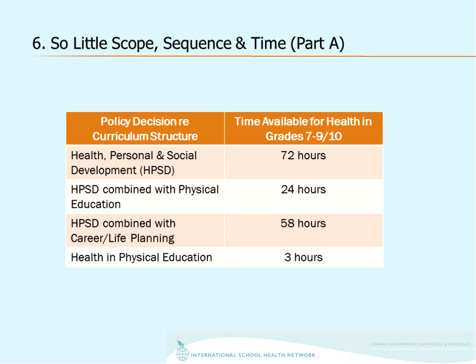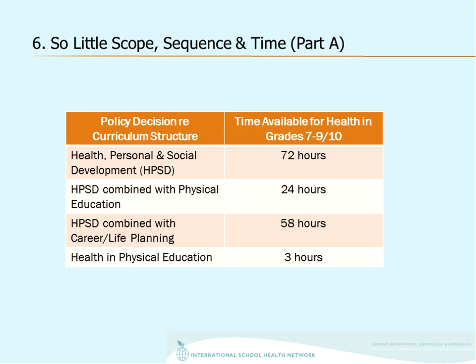If you have a standalone curriculum at the junior high level, you're going to get probably around 70 or 75 hours of instruction. If you combine health and personal development with physical education, you're going to get about 1/3 of the time devoted to health, and so that results in about 24 hours.